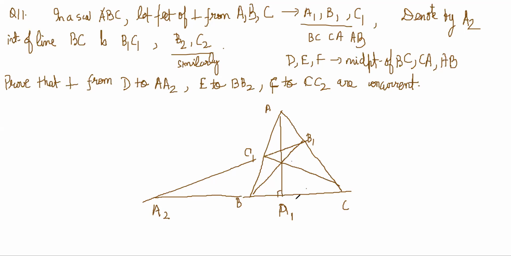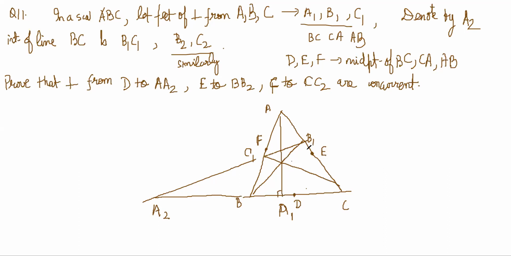So D is somewhere here, E and F somewhere here. Now the perpendicular from D to AA2, and from E to BB2.